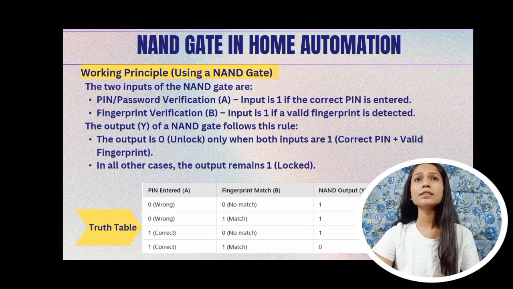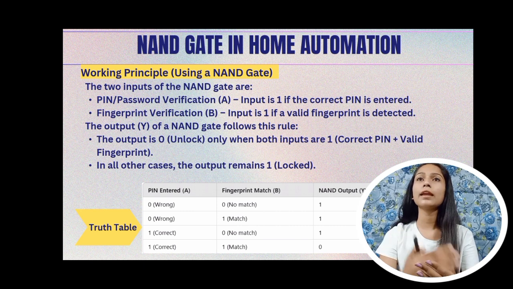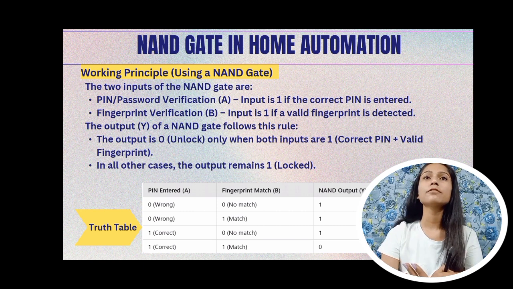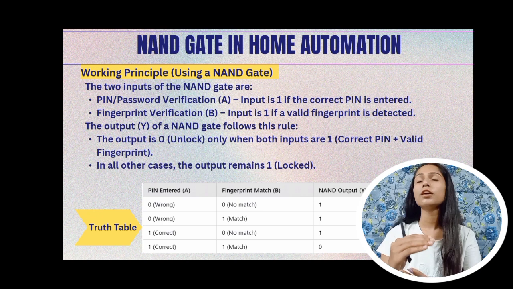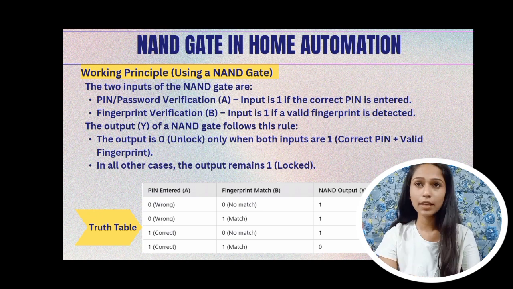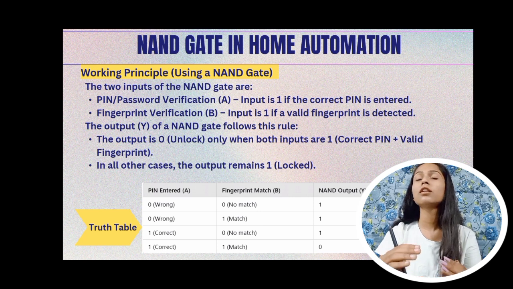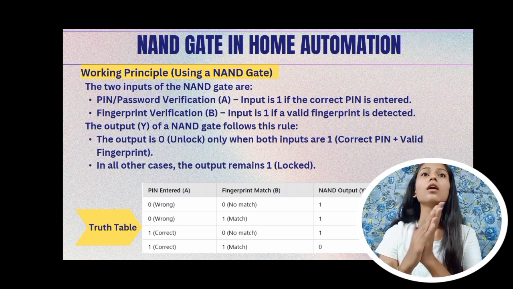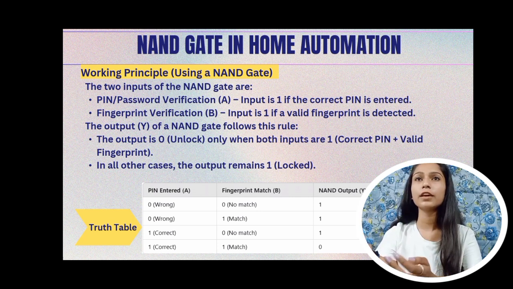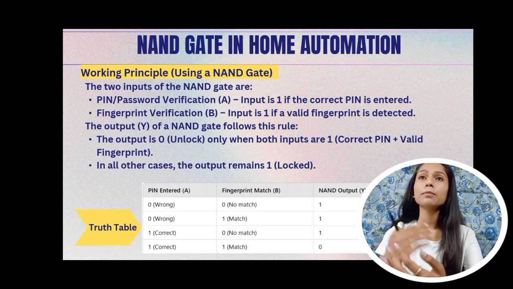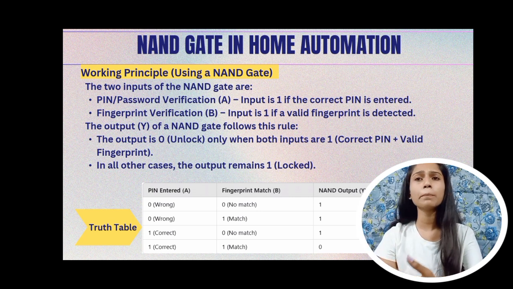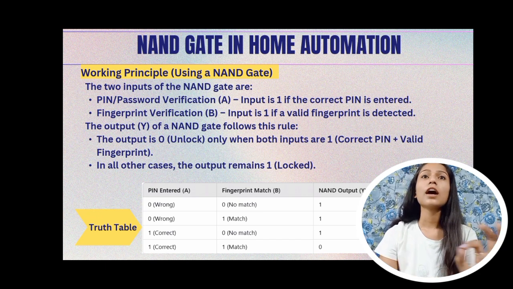The working principle of this system: the two inputs of the NAND gate are PIN password verification, which is 1 if the correct PIN is entered and otherwise returns 0, and fingerprint verification, the other input of the NAND gate, which is 1 if a valid fingerprint is detected. The output of the NAND gate follows this rule.